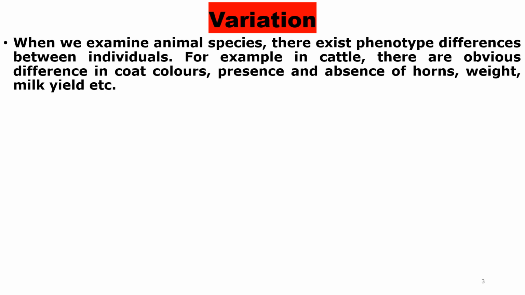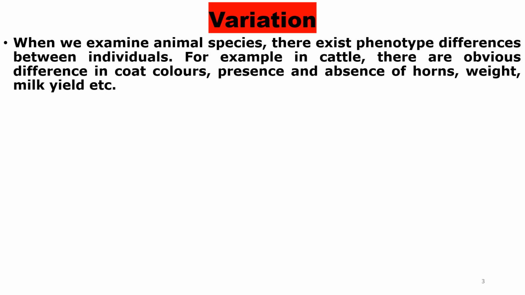You'll notice that when we look at different animal species, there are phenotypic differences between individuals within a breed and even within families. For example, if we are to take a look at cattle, we see obvious differences in their coat color. We see differences in their horns. Some have horns, some do not.